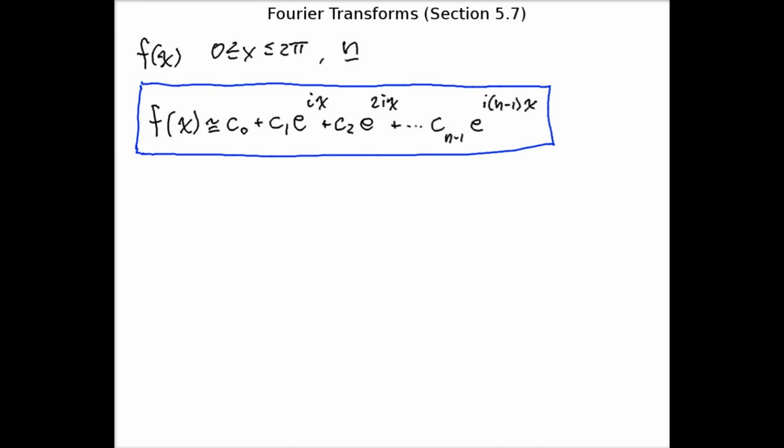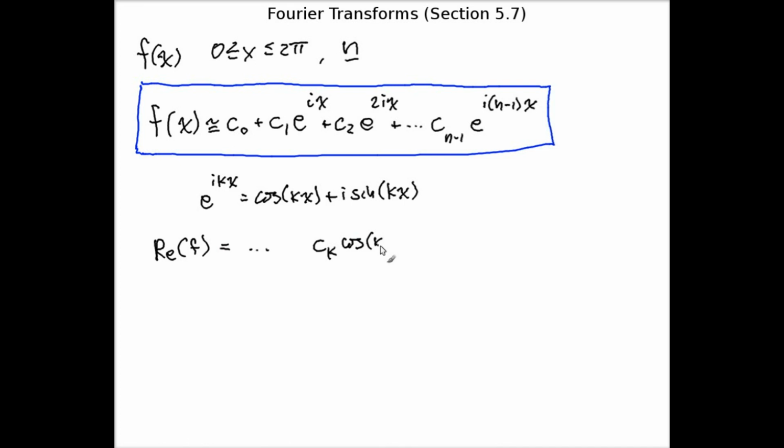And so the point is that e to the i kx is equal to cosine kx plus i sine kx. And so if you take the real part of f, you can replace each of these things with ck cosine kx and so on.